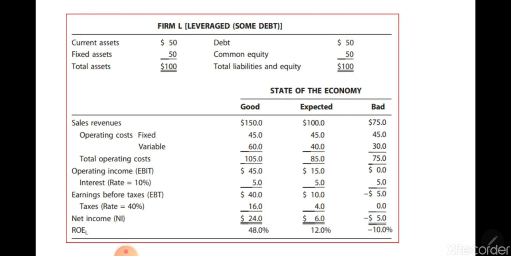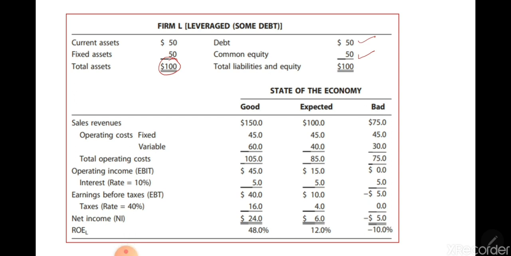Now in scenario number 2, we have the same business, but now the total assets of 100 are financed 50% through debt and 50% through common equity. So now the combination of financing is different. Again, you have three economies: good, expected, bad.